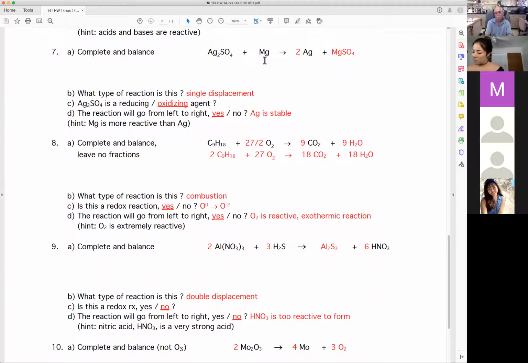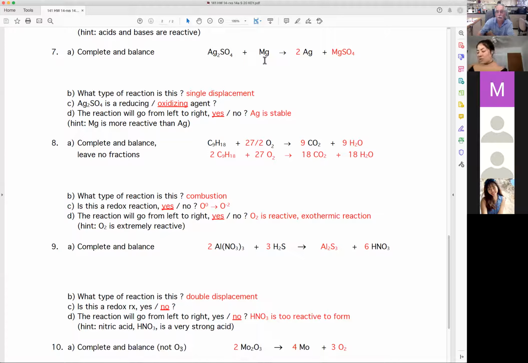It's going from 0 to a +2, so it's getting oxidized. So the oxidizing agent would be silver sulfate. And why would this reaction happen? Because you get more stable.